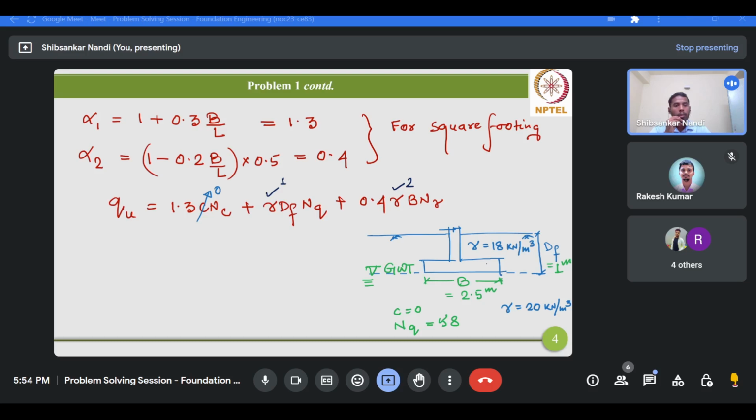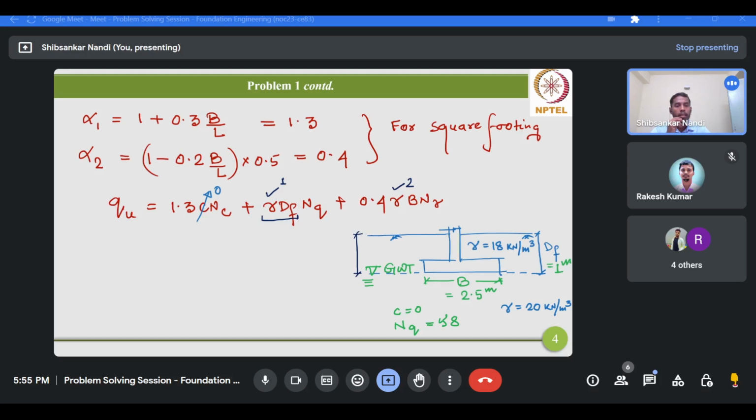Now I am talking about the different possible scenarios for the groundwater table. If the groundwater table is located at the base of the foundation, then this term will not be affected, because this term indicates the surcharge contribution, the stress imposed by this soil of depth Df.